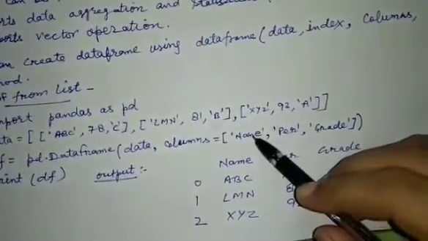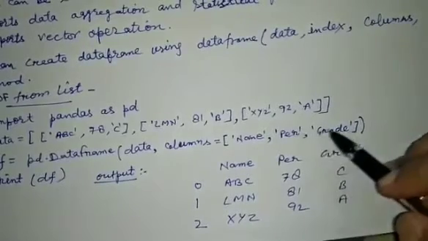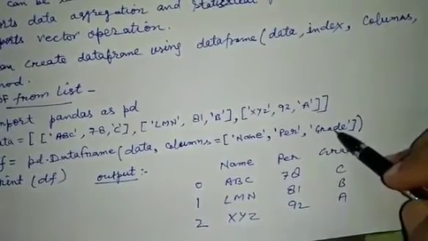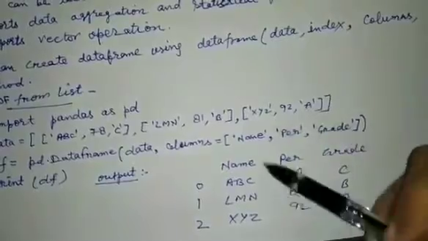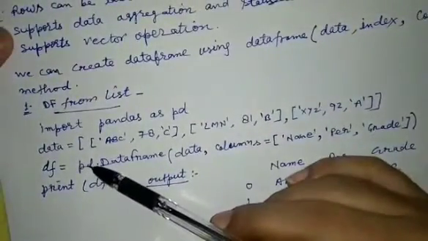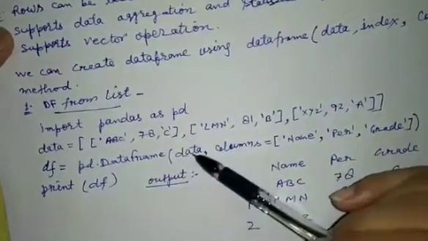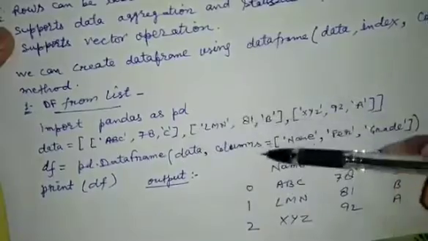So the first column will be called name, the second PER meaning percentage, and the third is grade. So how to create a data frame? Use the pandas object's DataFrame method. The first argument is the data and the second argument is the column names.